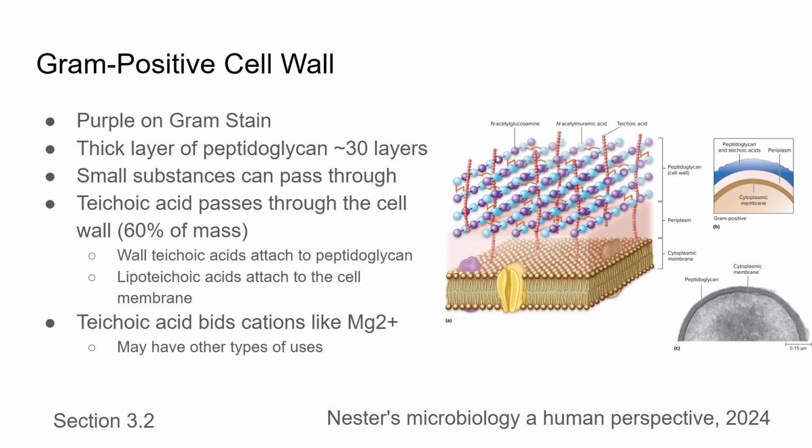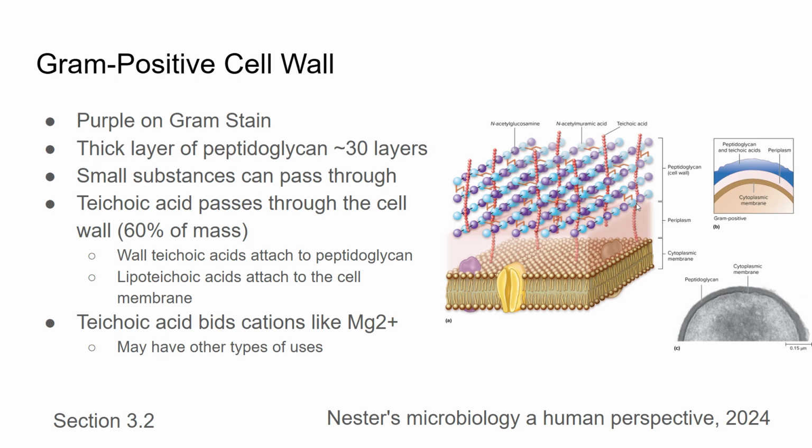Now, something special about gram-positive cells is that they have something called teichoic acid that passes through the cell wall, and this accounts for about 60% of the mass of the cell wall. So when we look at this image, these long red chains are called teichoic acid. The ones that are passing through the peptidoglycan, that portion of the teichoic acid is called wall teichoic acid, and this is going to attach and bind to the peptidoglycan.